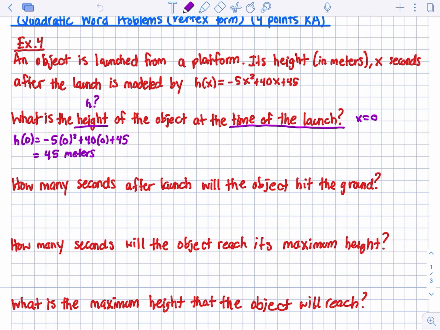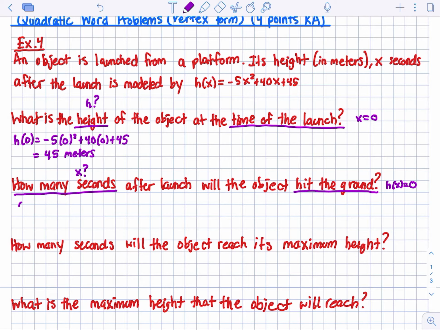Okay, next, how many seconds? That means you have to solve for x, because x represents your seconds. You're solving for x. After launch, will the object hit the ground? Hit the ground is when h of x is equal to 0.